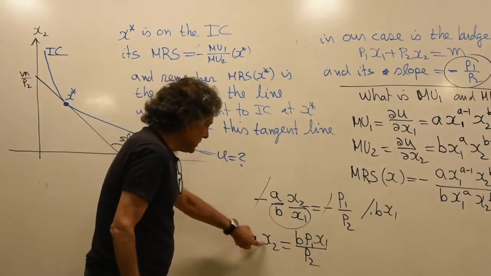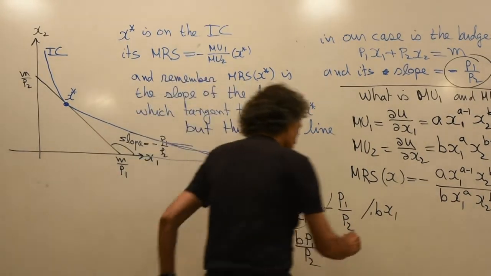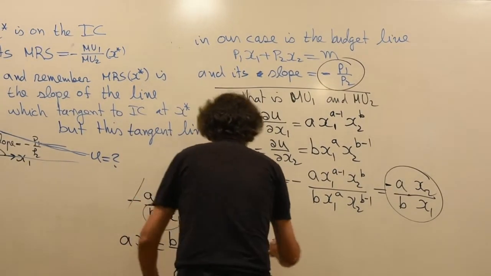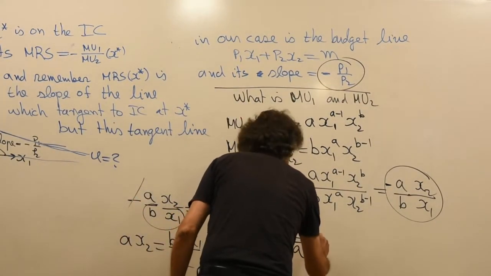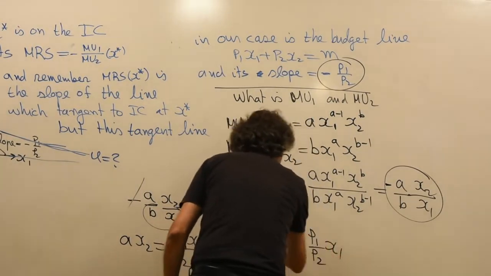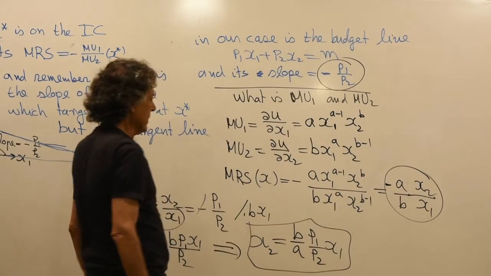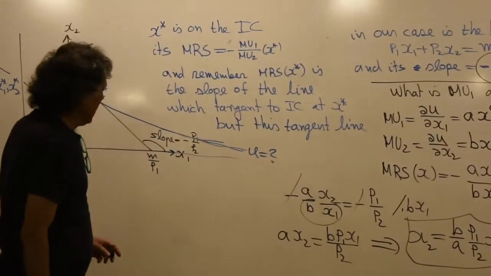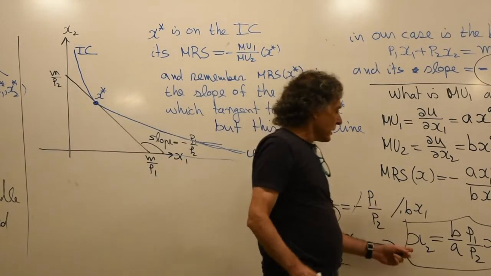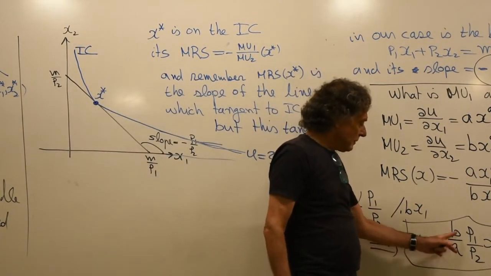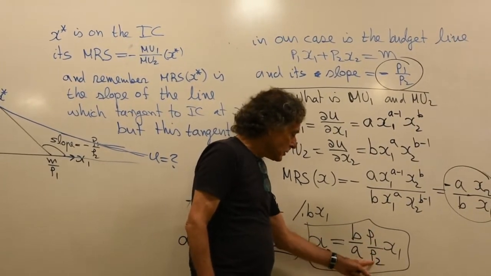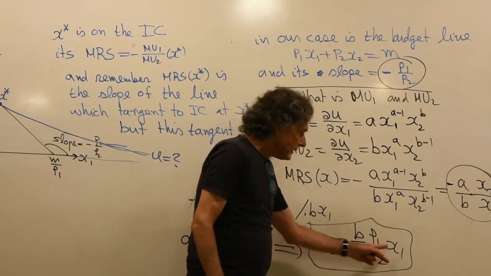From here I know x2, I divide by a: x2 equals b over a, p1 over p2, x1. So the x2 of the optimal point must be b over a, which I know, times p1 over p2, which I know, some number, times x1.